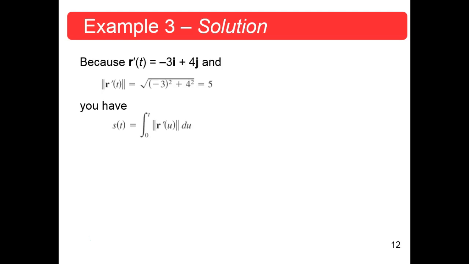They did the r prime, 3i plus 4j. The magnitude of that is 5. Your s is equal to the integral of the magnitude of your r prime.